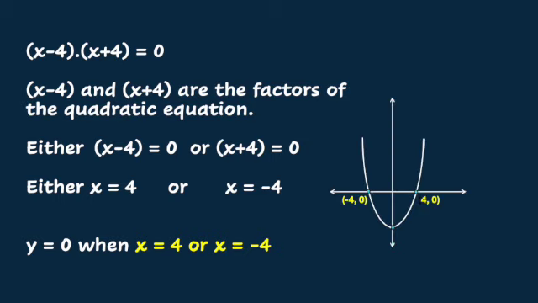The parabola is intersecting the x-axis at x equal to 4 and x equal to minus 4. We can easily say y equal to 0 when x is 4 or x equal to minus 4. So you can see here factorization of a quadratic equation helps us to solve it easily and faster.